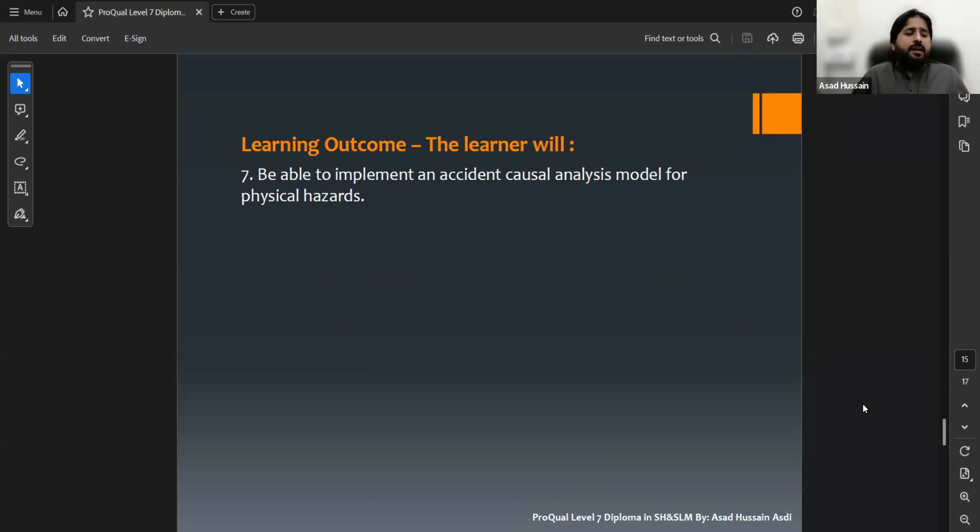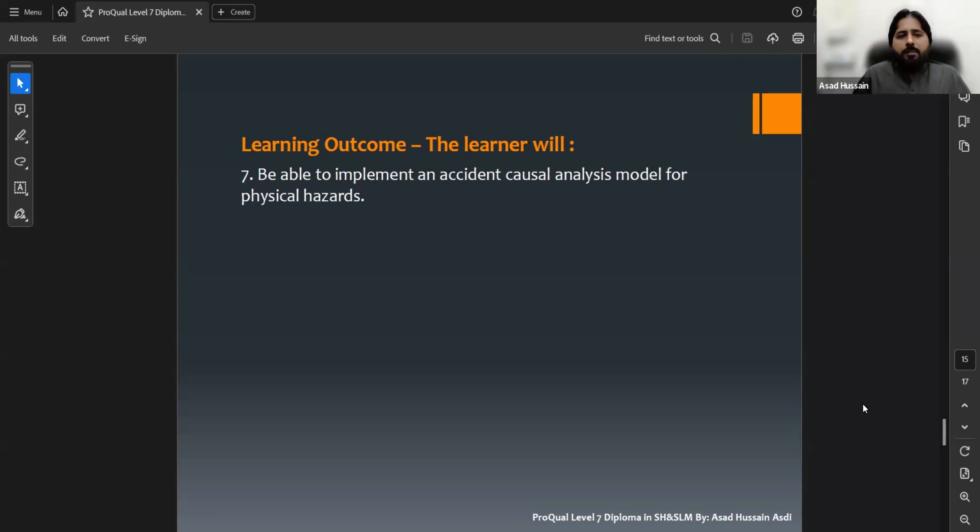And now we are having the last learning outcome of this third unit of the ProQual Level 7 Diploma in Strategic Health and Safety Leadership Management, the last learning outcome of the third unit, Digital Technologies and Incident Investigation.